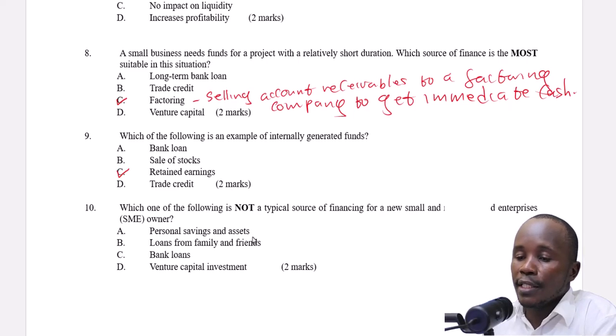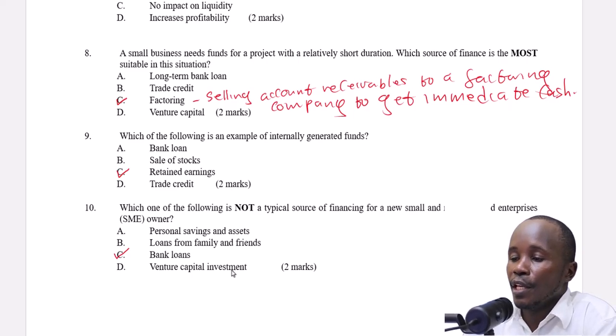You cannot start an SME today and tomorrow go to a bank and tell them you need a bank loan. You will find that there are too many restrictions, because first, you don't have a financial statement for that business, and sometimes you lack security.